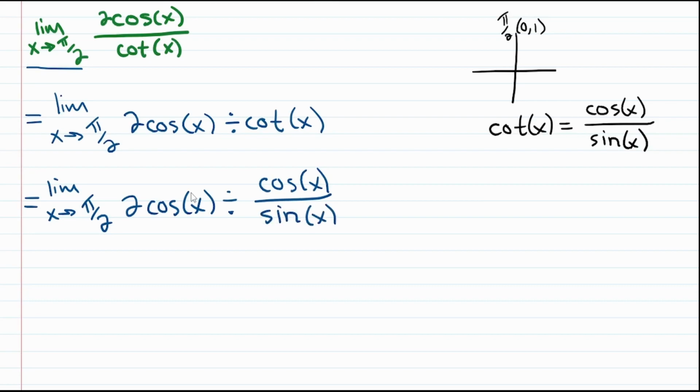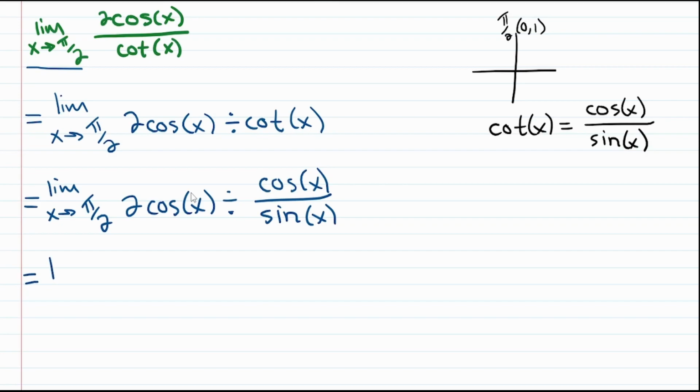Now what can we do? Well, if we're dividing by cosine of x over sine of x, that's the same as multiplying by sine x over cosine of x. And if we do that, then we'll be able to cancel out the cosine factors.